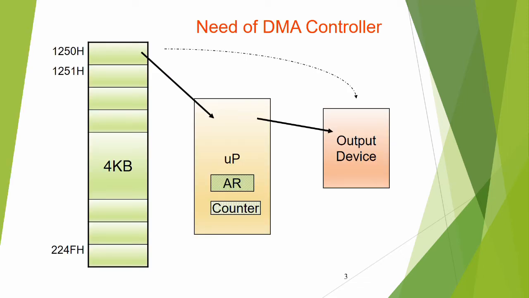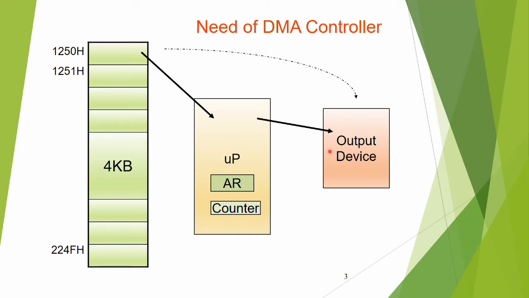Now, why is there a necessity of this DMA controller? Let us consider we have a particular memory and we want to transfer the data from memory to the output device. The output device may be a floppy disk drive. So each byte of the data is first transferred to the microprocessor, and through the microprocessor it is transferred to the output device.